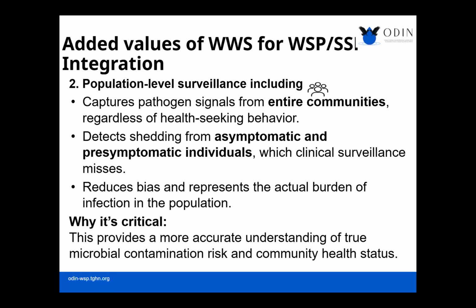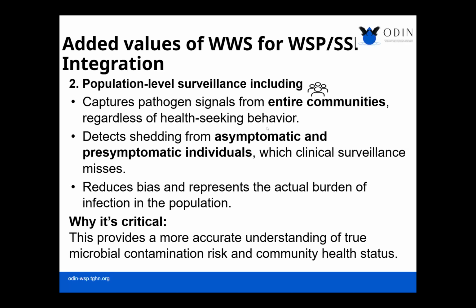The second added value is surveillance at the population level. That population level includes all types of population, symptomatic and also asymptomatic. So adding wastewater to those two systems will help capture pathogen signals from the entire community, regardless of health-seeking behavior.